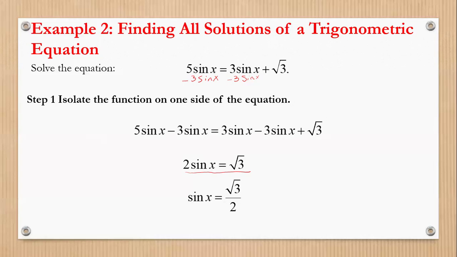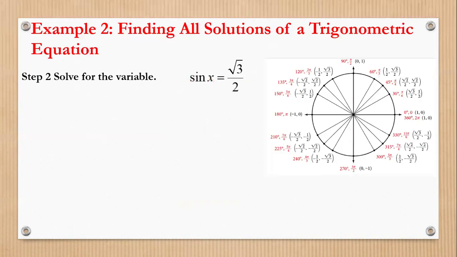Now the sine is isolated. Now it's time to find x. I need to know the sine of what angle is root 3 over 2. Let's look at the unit circle. Sine means the y value.